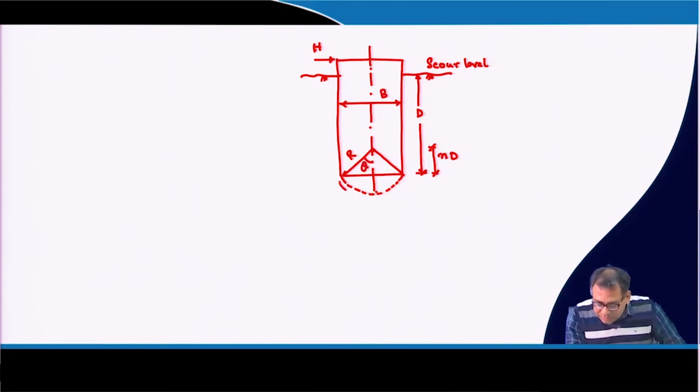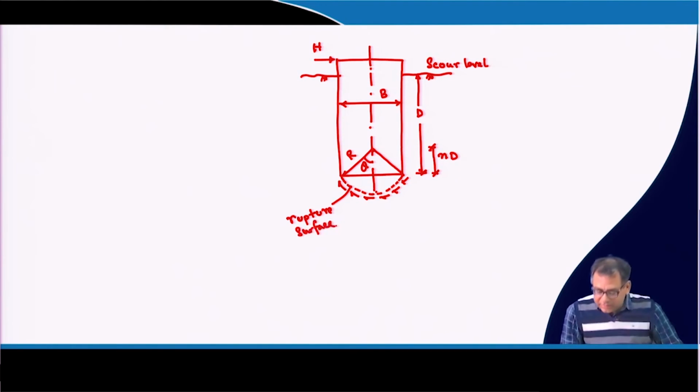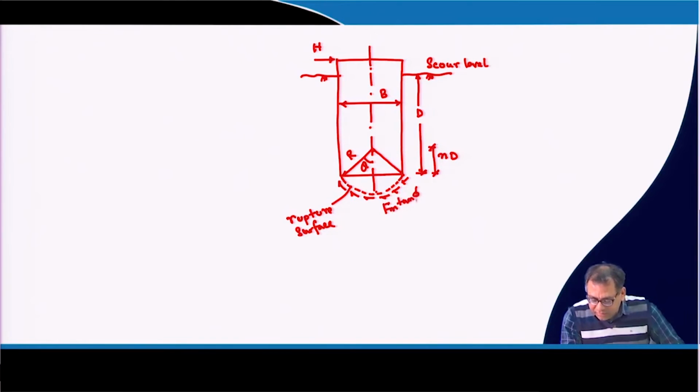So, along this rupture plane there will be shearing. Okay. So, this is the rupture plane or rupture surface. Okay, and if this is the vertical force or the normal force along this rupture surface, Fn, then the shear force will be Fn into tan phi, because it is the friction between soil and soil, as the rupture surface is within the soil.